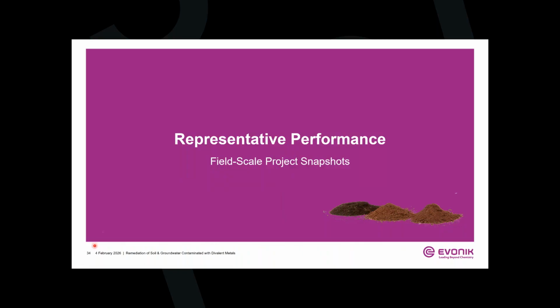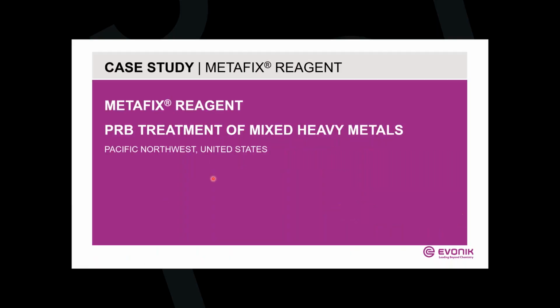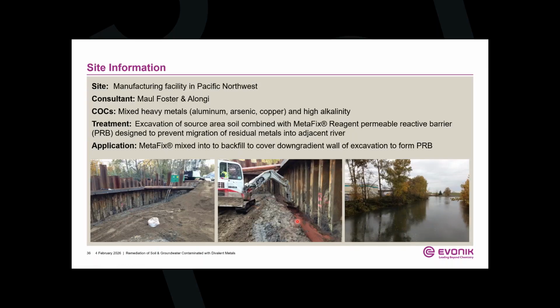So let's look very quickly at some project snapshots. This is from a completed project in the Pacific Northwest, where a soil mixing trench type PRB was installed using our Metafix reagent on its own, and site soil was the matrix to which it was mixed to create this trench type PRB.